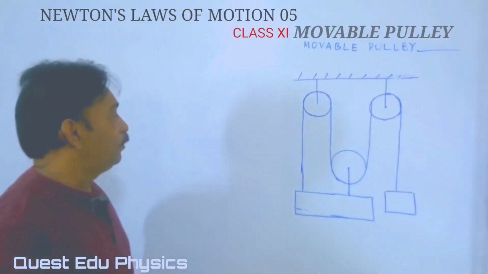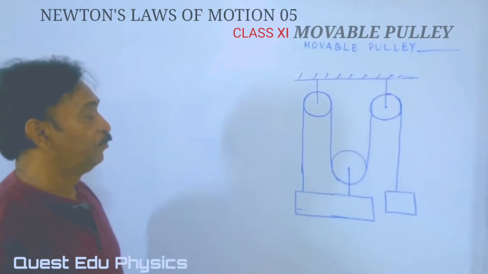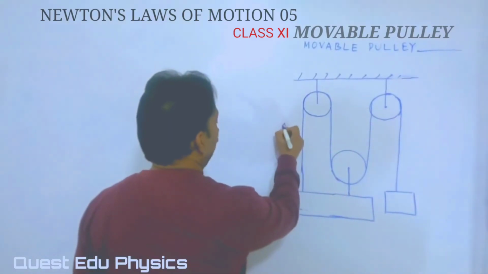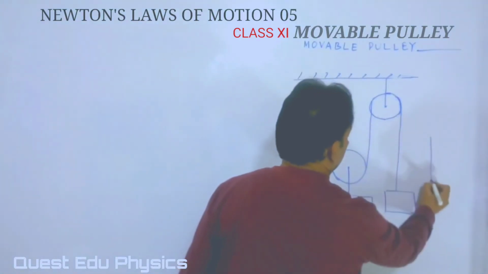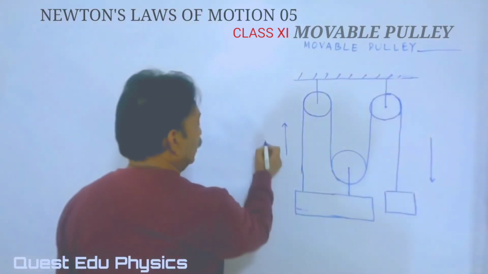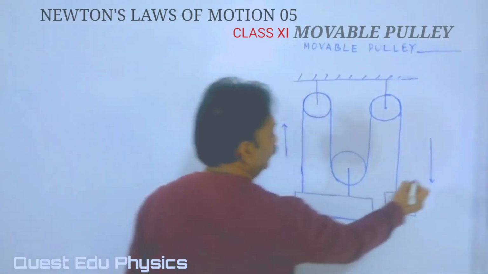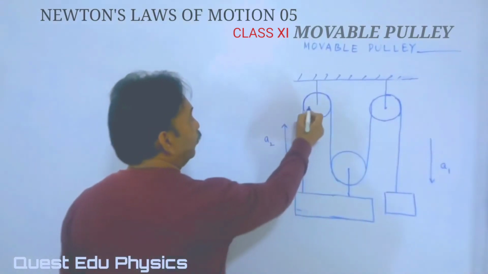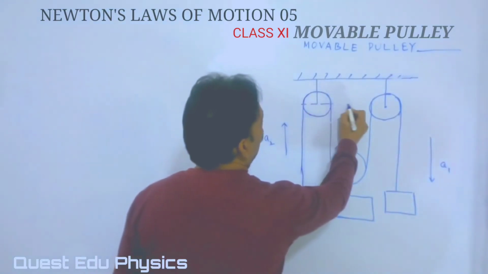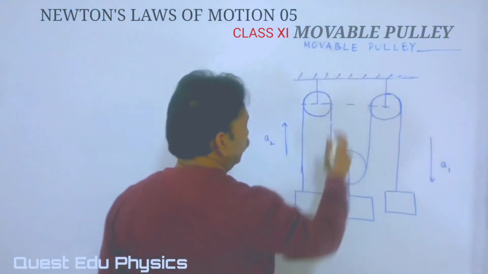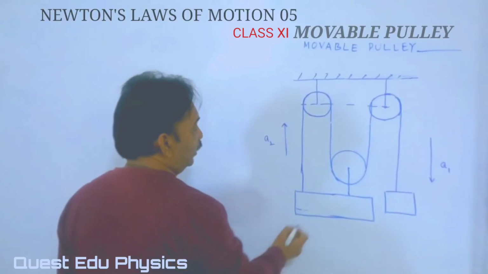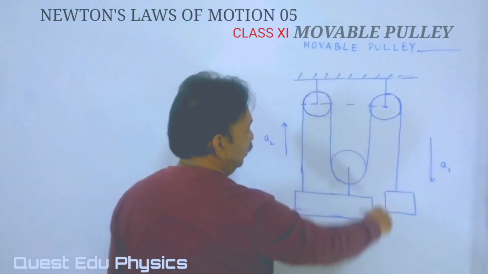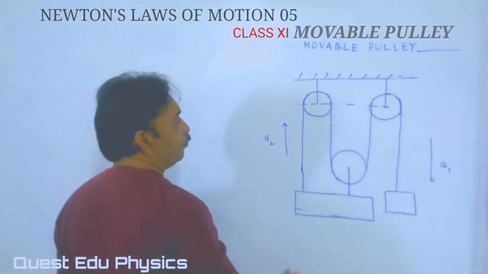Okay students, the same principle we are using here. Here, see, it is raising up and it is going down. Let's say it has an acceleration of a2 and this one is a1. These are the fixed positions, students, and these things don't change. But the remaining will change.